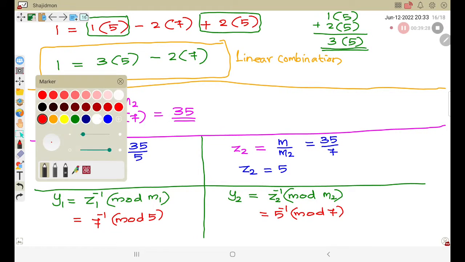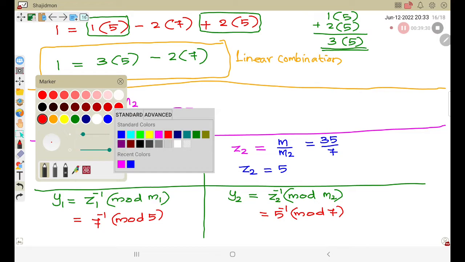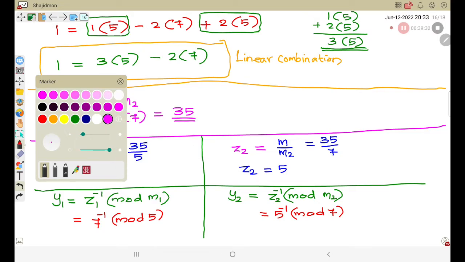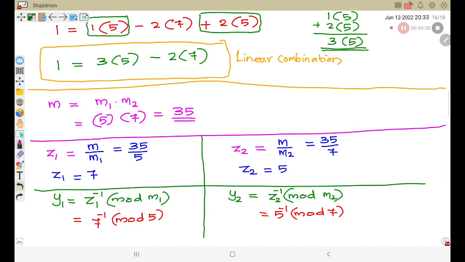Now calculate these two numbers. We need to calculate what is 7 inverse. You can see the linear combination step. See, this is the 7, behind the number. This is the 7 inverse, minus 2. So minus 2 mod 5, because the number is negative, so we need to take mod 5.